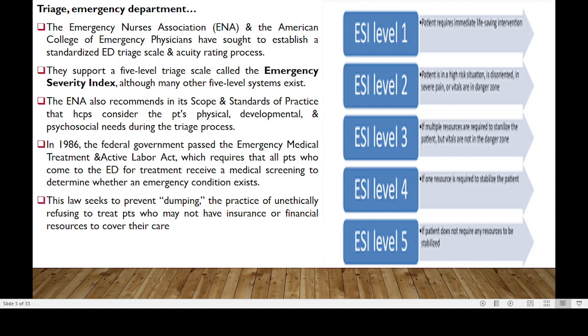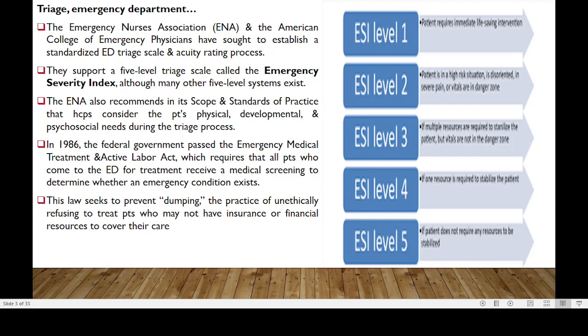They have sought to establish a standardized emergency department triage scale and acuity rating process. So they all support a 5-level triage scale, which is called the ESI, Emergency Severity Index. Although many other 5-level systems exist, just like I've mentioned, one in UK and another one in Canada, and so on and so forth.